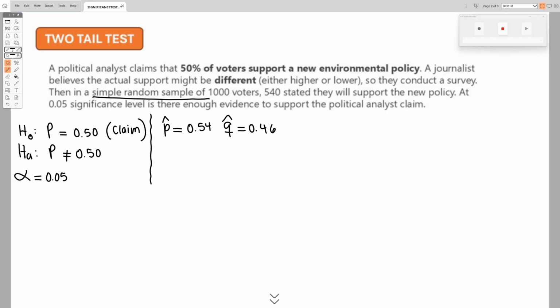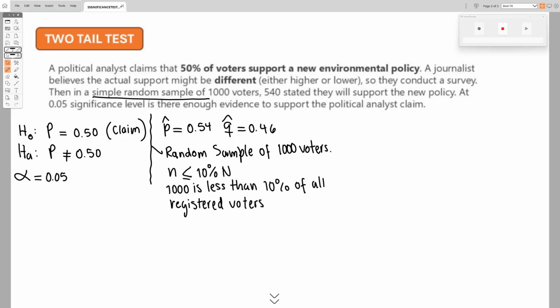The sample was randomly selected. The sample size is less than 10% of all the registered voters.